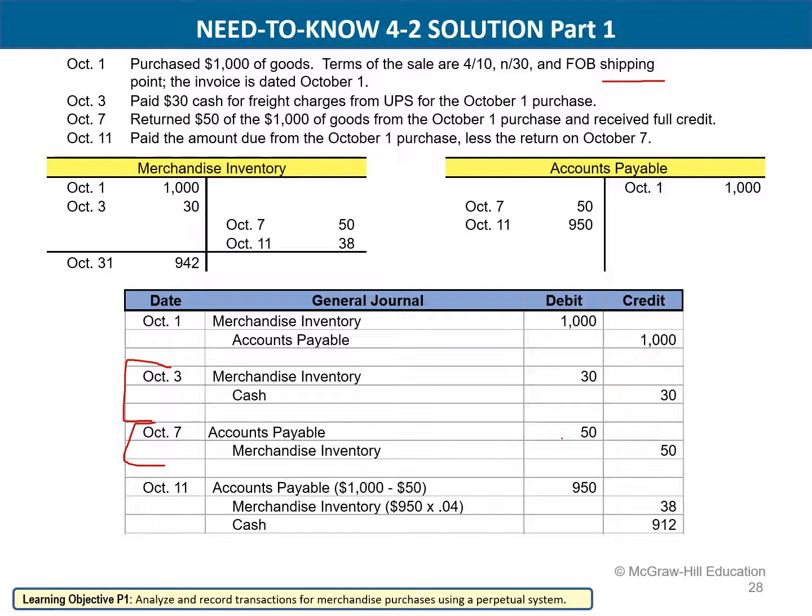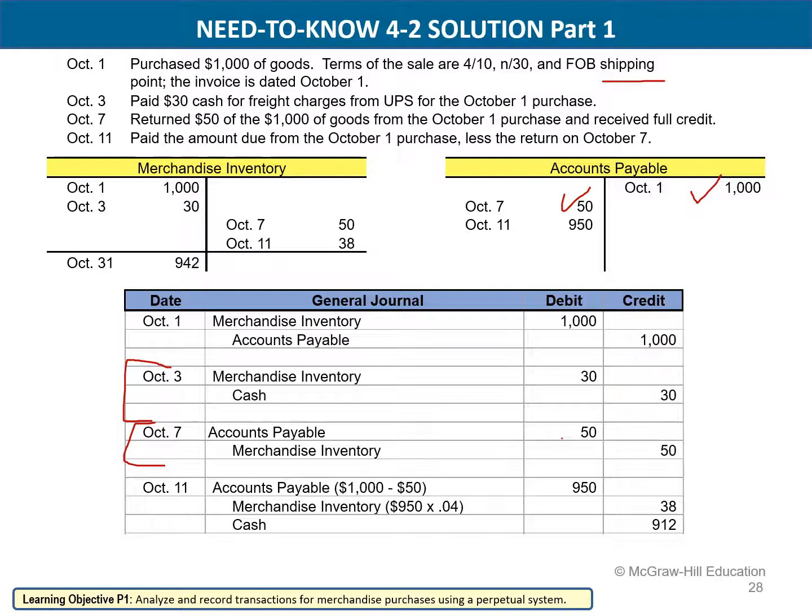Then on October 11th, we paid the amount from the October 1st purchase less the October 7th return. And so we bought it on the 1st, we're paying it on the 11th, which means we're paying it within that 10-day discount period. So we get to take a 4% credit. Okay, so our accounts payable is going to reduce by the balance. So we had this original 1,000 less the return of 50.